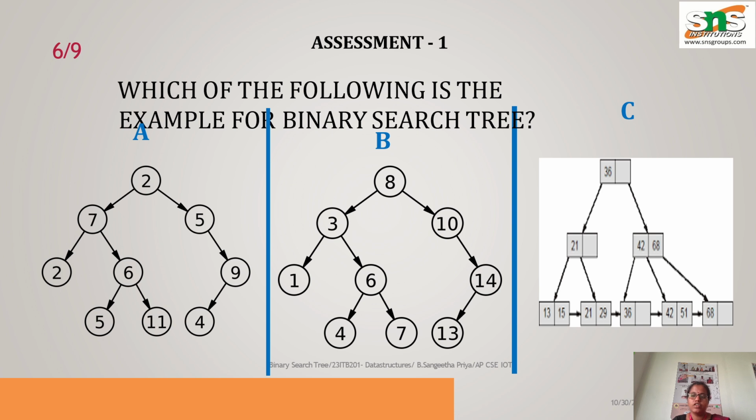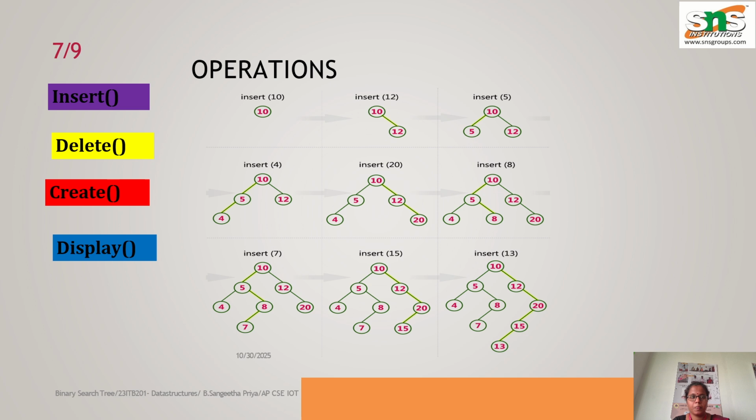In the next one, 8 is greater than 3, and it is placed correctly, 10 is also correctly placed, 16 is correctly placed, 4 and 7 are correctly placed, and 14 and 13 are also correctly placed. And here, the 42 and 68 do not contain the same value, so C is not the option. So obviously B is the correct one for the binary search tree.